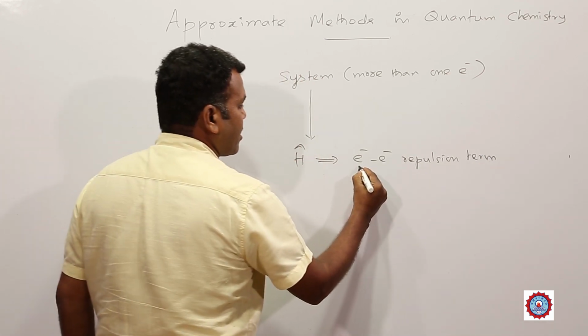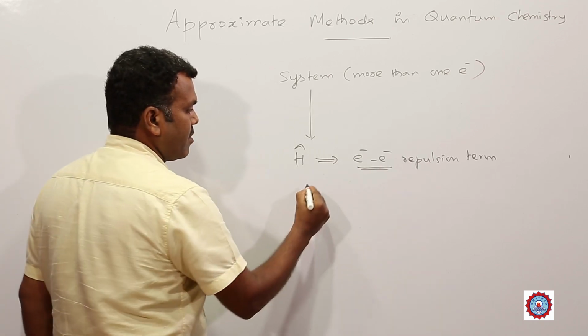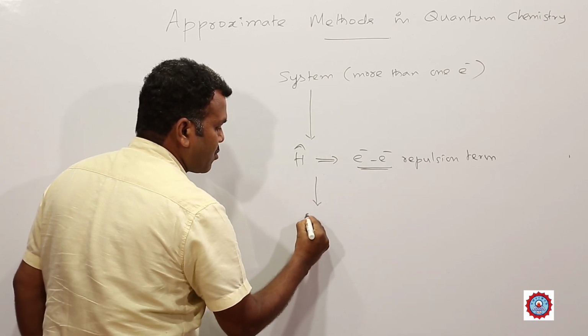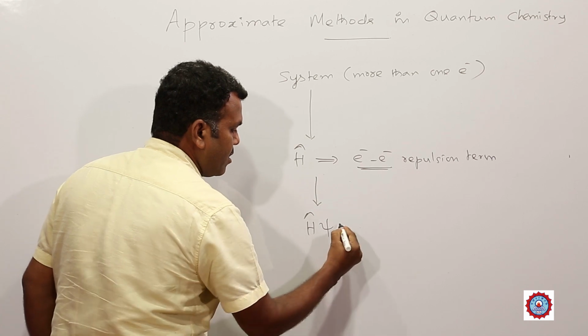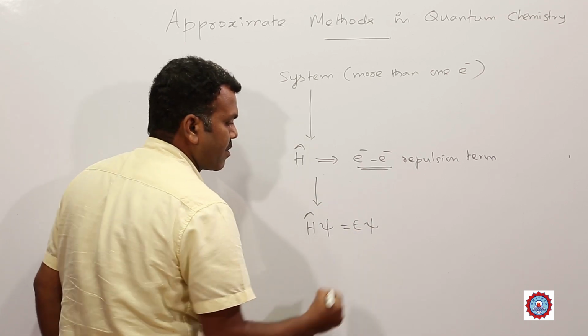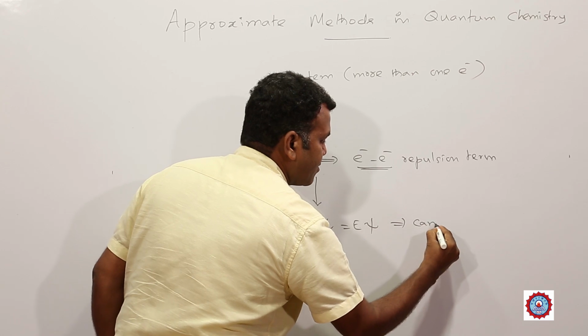Whenever the Hamiltonian contains an electron-electron repulsion term, it is very difficult to solve the Schrodinger equation H psi equal to E psi. The Schrodinger equation cannot be solved.